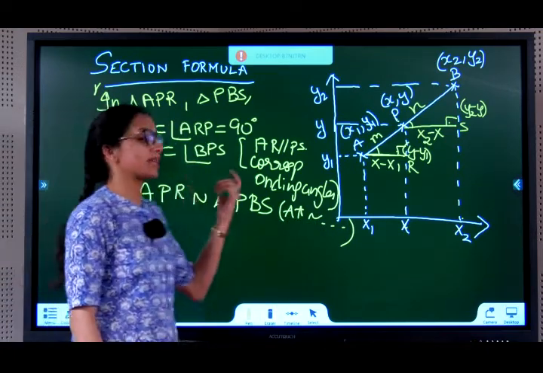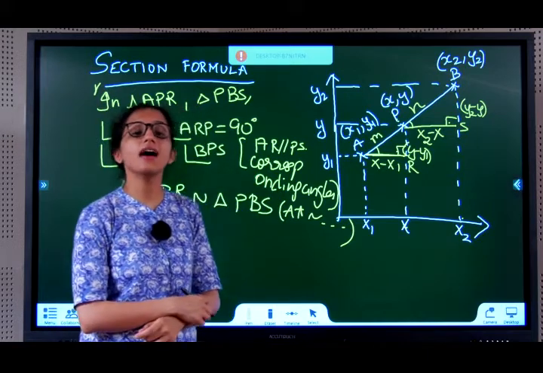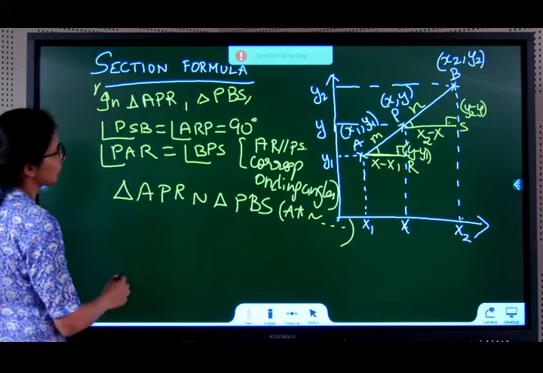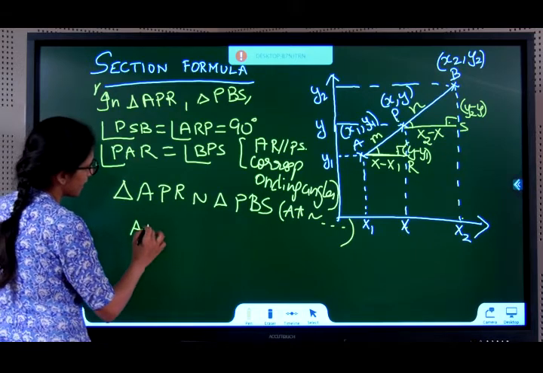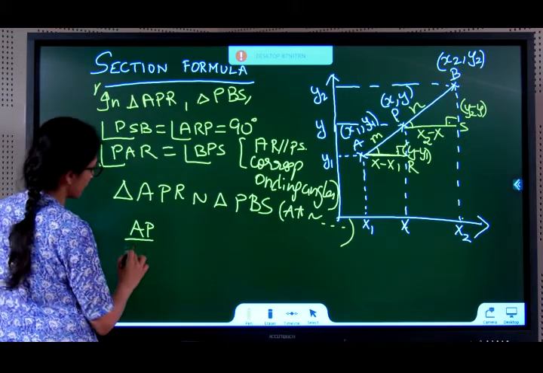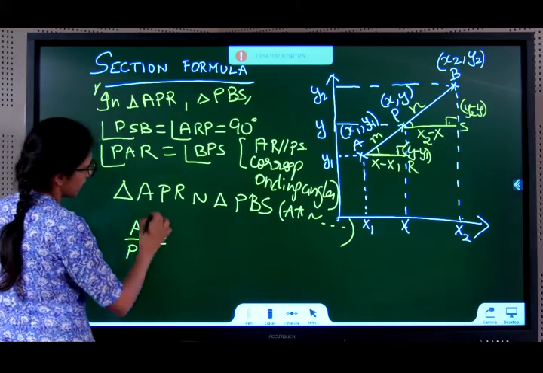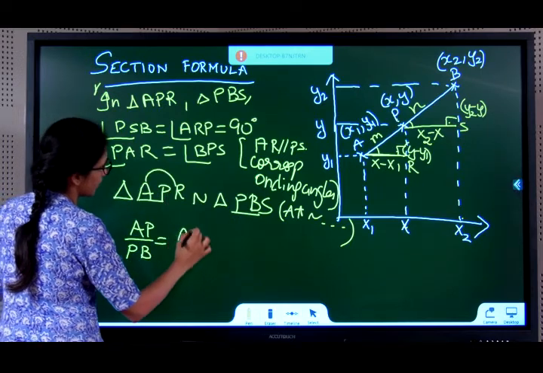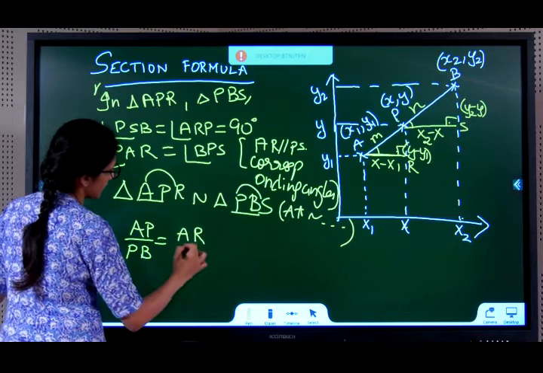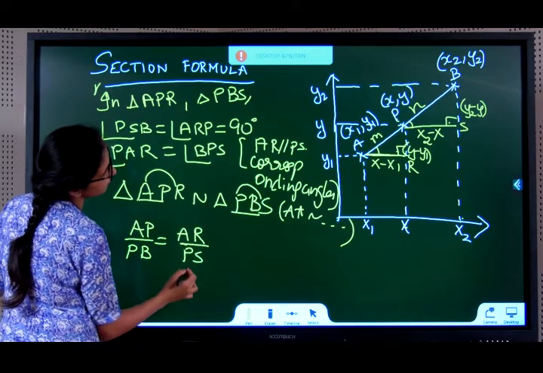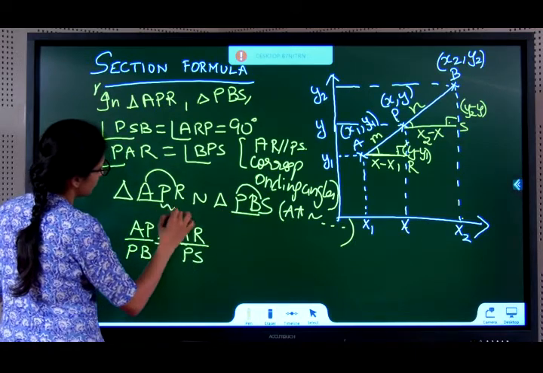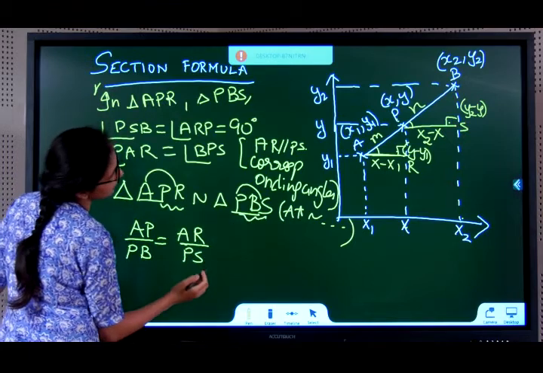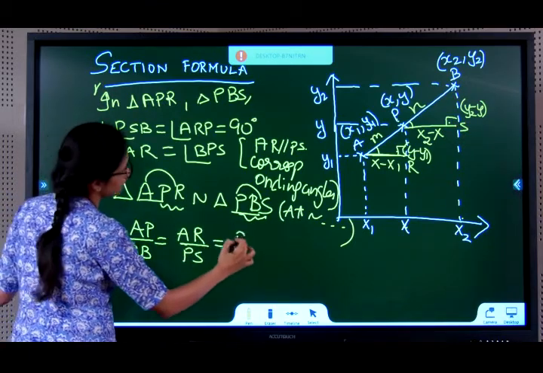If the two triangles are similar, their sides are proportional. So now I can say AP by PB is equal to AR by PS equal to PR by BS.